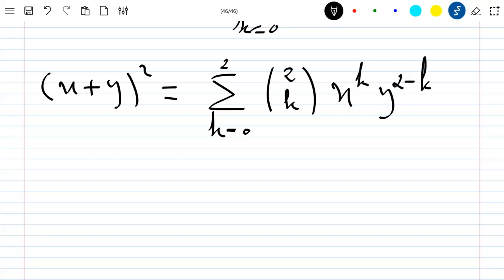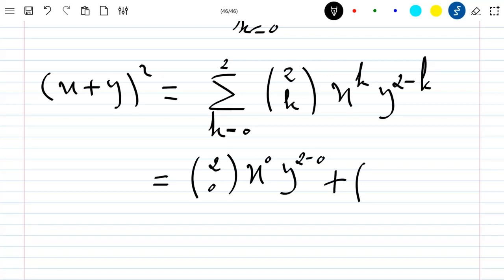So what is this? This is equal to, for k equal to 0, we have the first term, which is 2 choose 0, x power k, which is 0, and y power 2 minus 0, plus the second one.